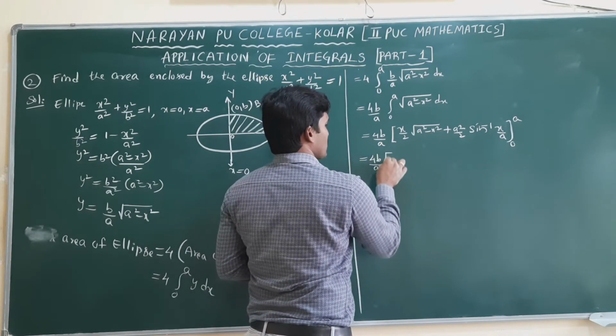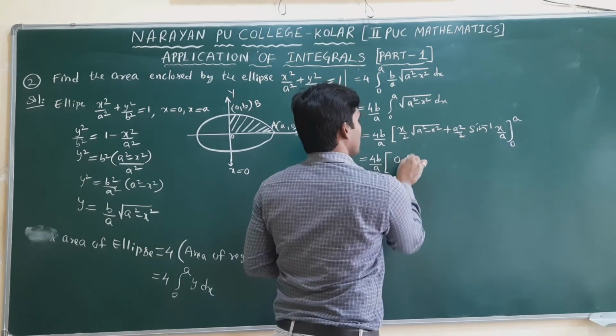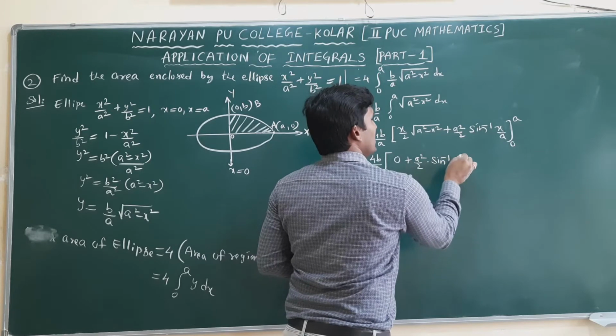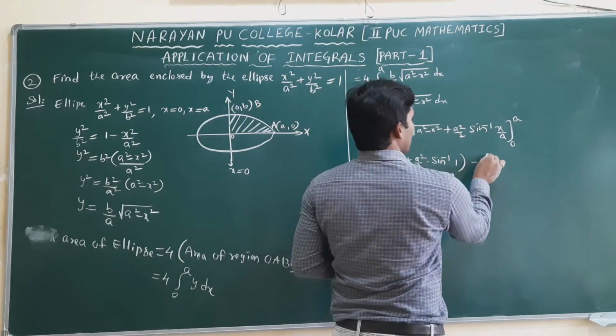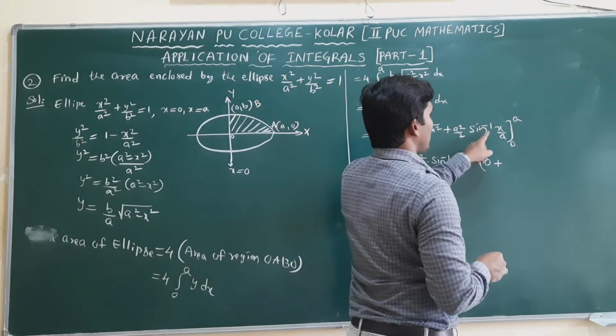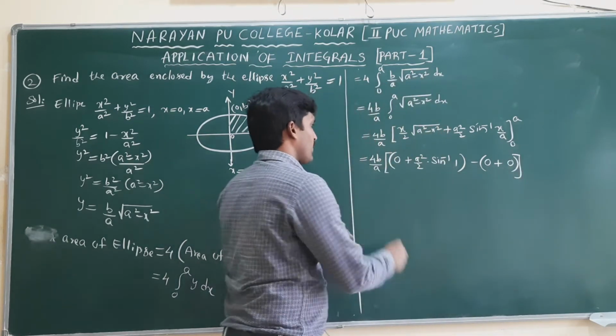Substituting the upper limit a: a by 2 into a square minus a square, the value becomes 0. Then a square by 2 into sin inverse of a by a, that is 1. Minus the lower limit: 0 into anything is 0, plus a square by 2 sin inverse of 0, which is 0.